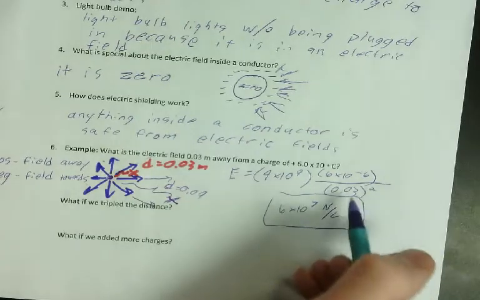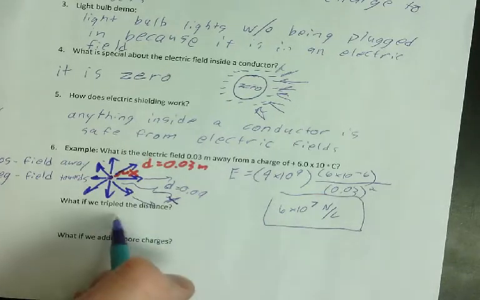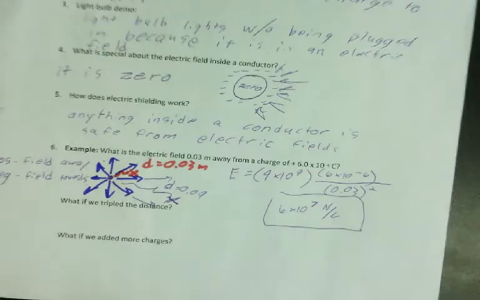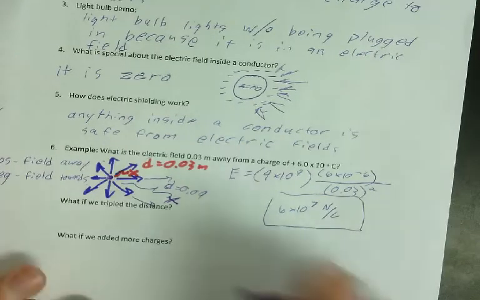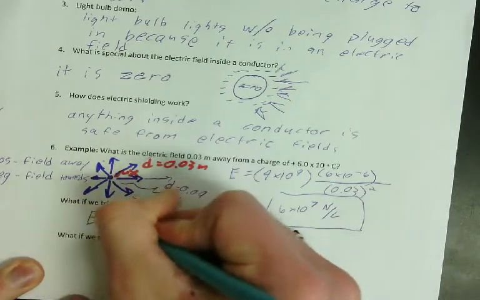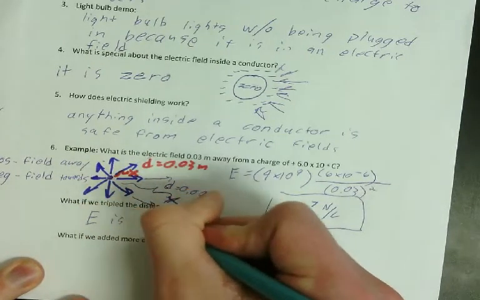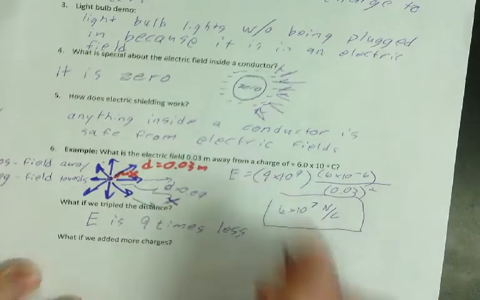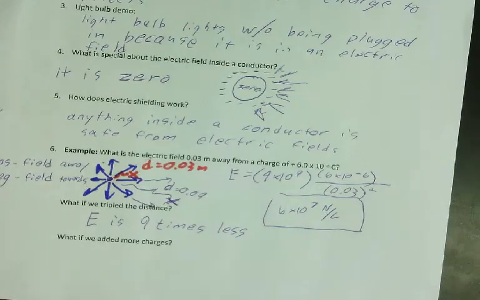That much smaller squared. So if it's 3 times the distance, it should be 9 times less. If I made the distance 3 times closer, it would be 3 squared closer, so it would be 9 times larger.